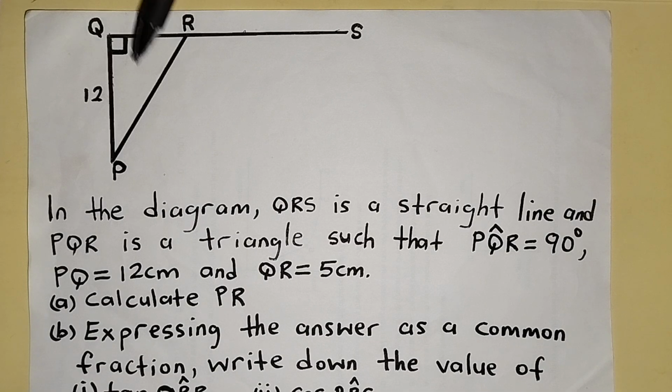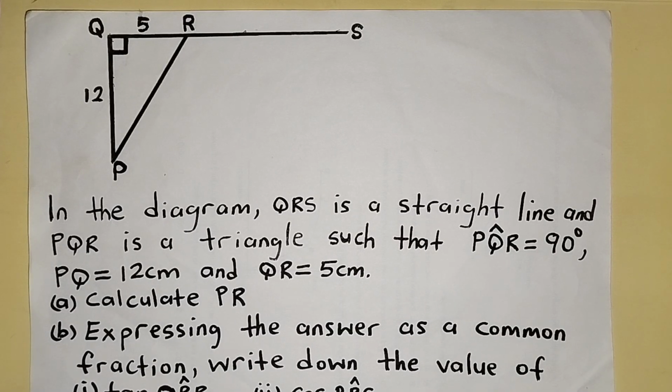The question says, in the diagram, QRS is a straight line and PQR is a triangle such that the angle PQR, which is this one, is a right angle or 90 degrees. Also, we have been given the information that PQ equals 12 centimeters and QR equals 5 centimeters.